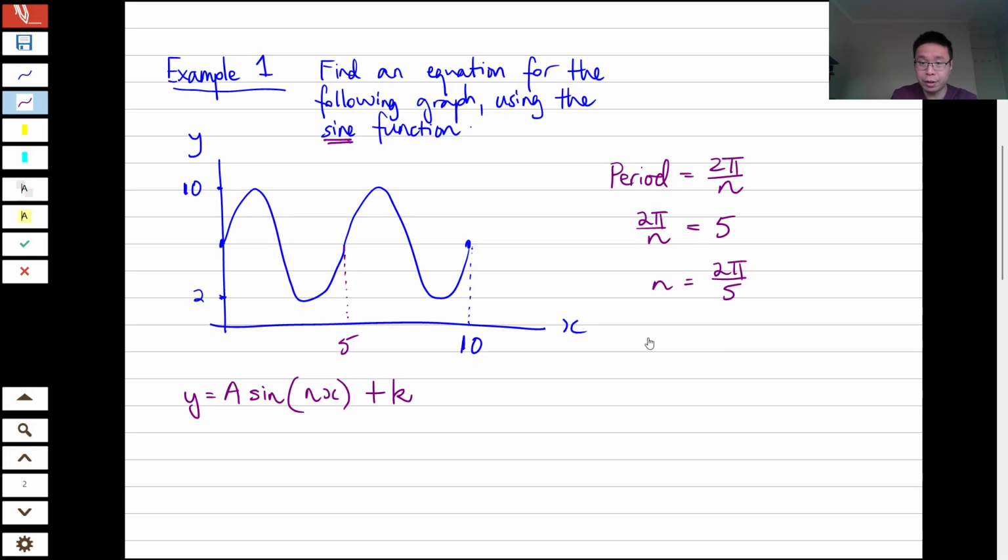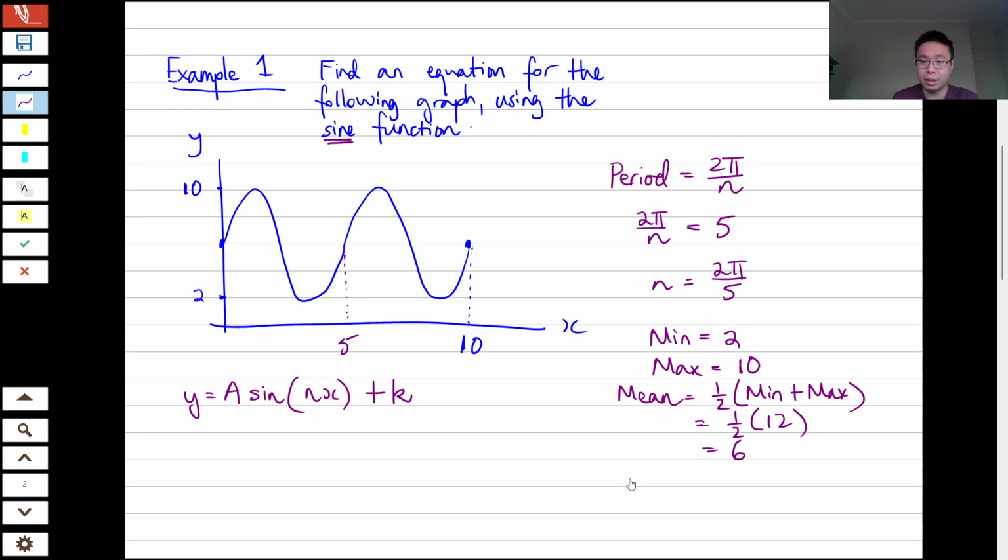Next, I can write down the minimum and the maximum. The minimum value is 2. The maximum value is 10. The mean value is the average of the minimum and the maximum, which is half of 12, which is 6.